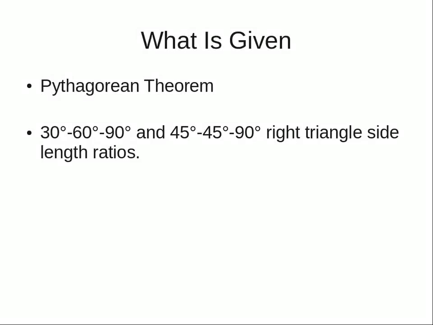Also, side length ratios for right triangles of two common types are provided. Those two common types, the first one is right triangles with angle measures of 30, 60, and 90 degrees. The other right triangle type are right triangles with angle measures of 45, 45, and 90 degrees. Okay, I will talk more about these items shortly.